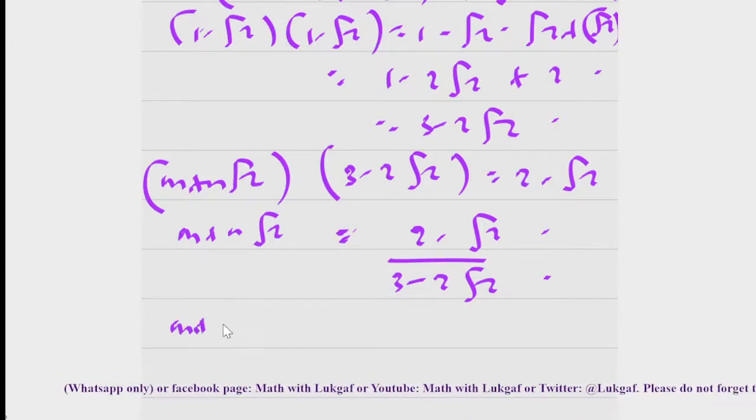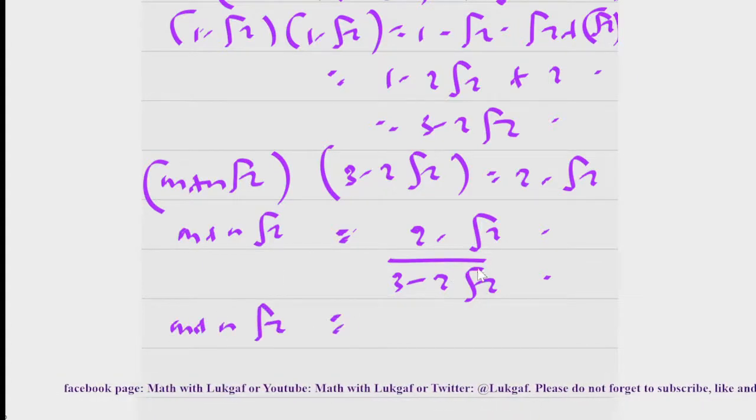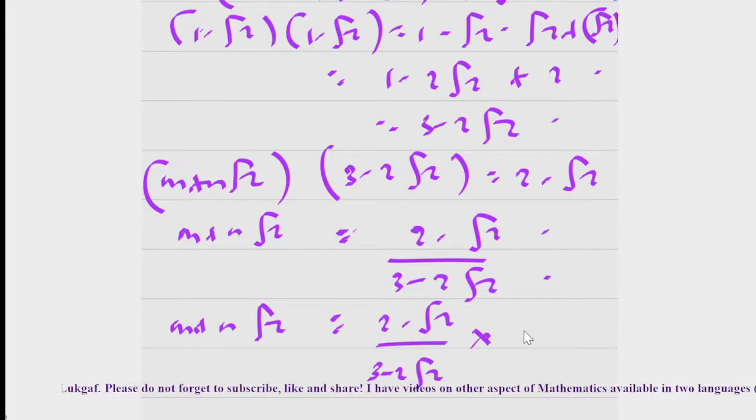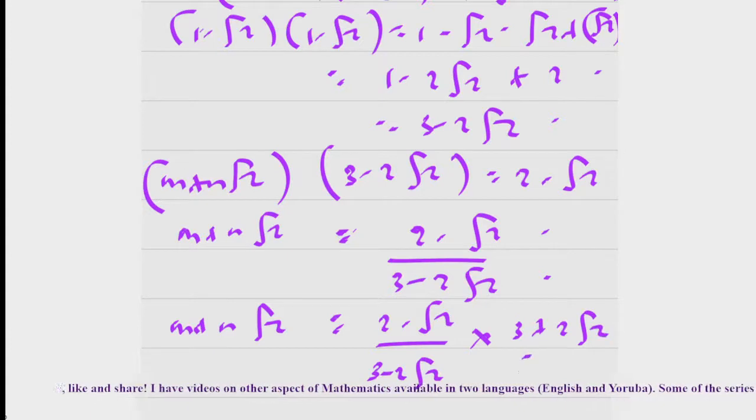Then you have m plus n root 2 is equal to, so I think to get rid of this guy, we rationalize the denominator. 3 minus 2 root 2, then multiply by, what is the conjugate of this? 3 plus 2 root 2, 3 plus 2 root 2. You understand?